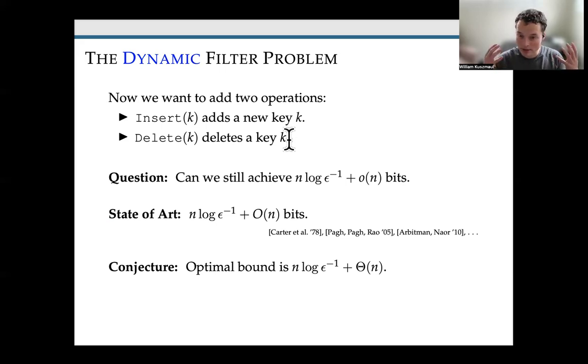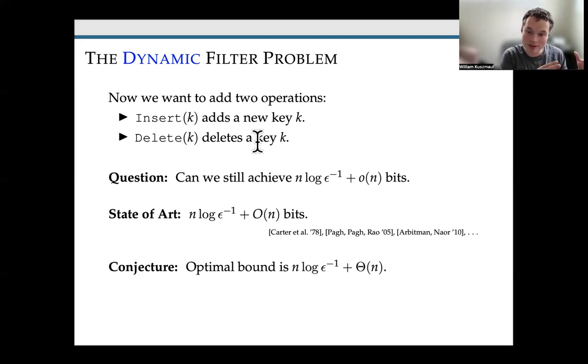The user is allowed to do any sequence of insertions and deletions that they want, so long as they're valid, i.e. you're only ever inserting keys that aren't present and deleting those that are, and also so long as the total number of keys never exceeds our capacity constraint, n. So this is the dynamic version of the problem.